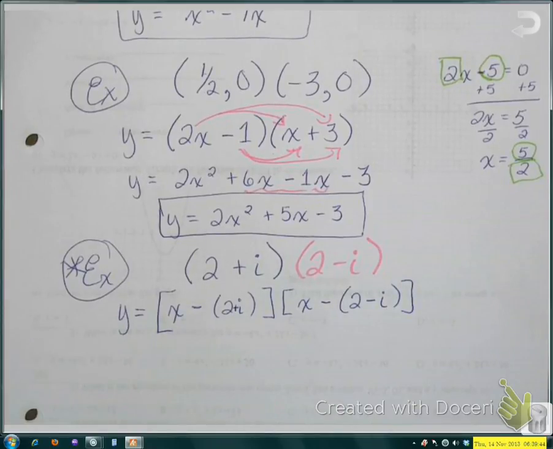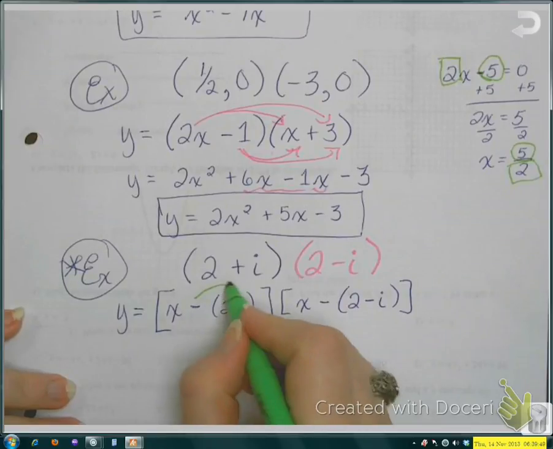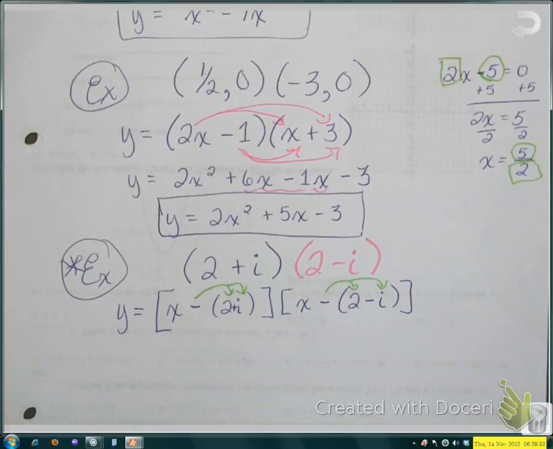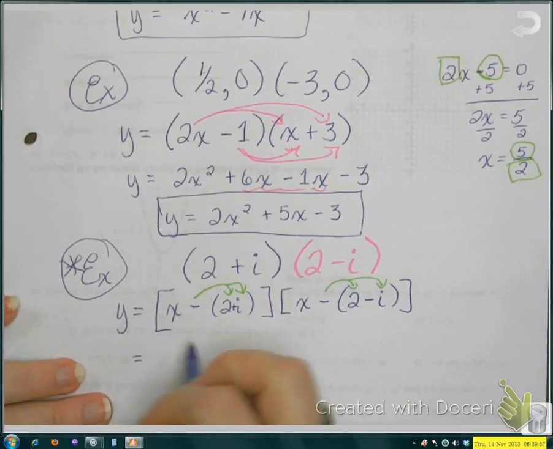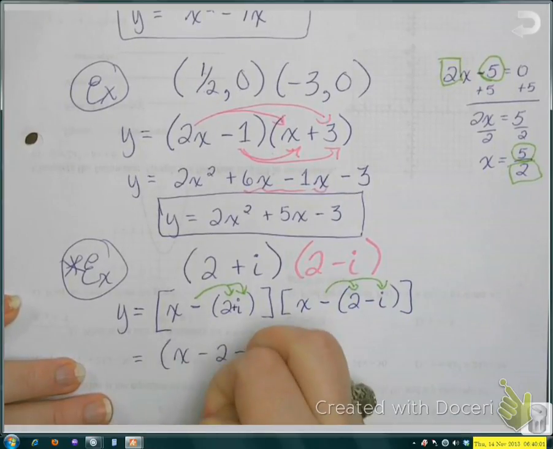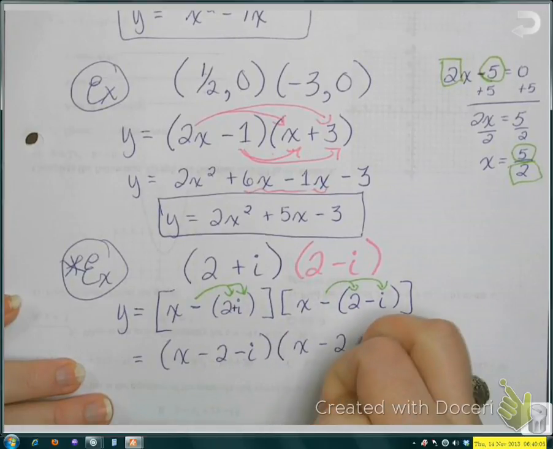Now we are going to do like we would normally do, except I need to simplify this a little bit more. So I'm going to distribute the negative 1s. When I distribute the negative 1s, I now have x minus 2 minus i, and then x minus 2 plus i.